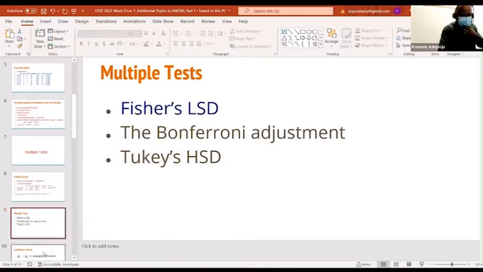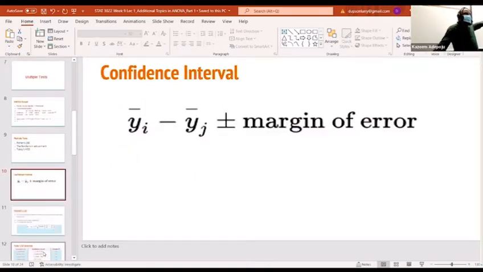Now I want to give you the sense of what we want to do. When I say the confidence interval, with Y bar I and Y bar J, I'm only looking at the difference between the means of two categories at a time, then plus or minus the margin of error.